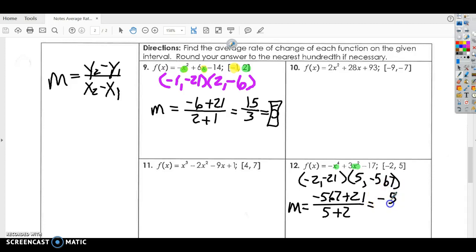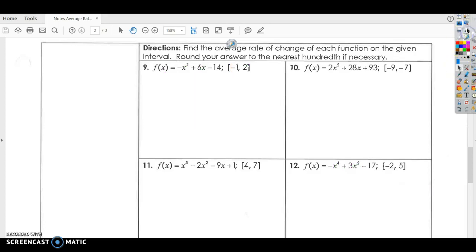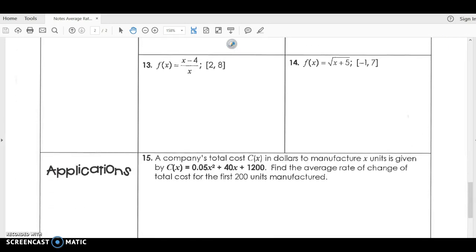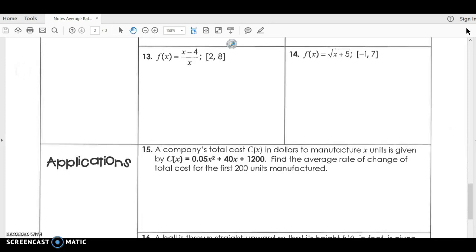So I'm going to have -546 over 7, and that equals -78, if I did all my math correctly. Alright, so average rate of change is very similar to slope. Let's look at a few more examples. These are a little bit harder for some people.